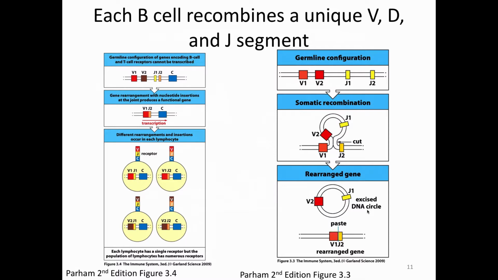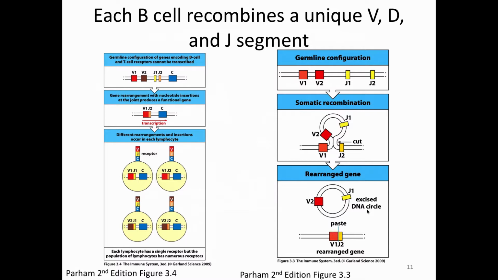And in fact, the idea was, spoiler alert, shown to be true, that the cell is going to choose, I say choose with air quotes because the cell doesn't have a brain to make a choice, but the cell is going to basically pick one V, one J, join them together so that they are touching. You can see that there's nothing in between them now, they're touching, and actually cut out the DNA in the middle and throw it away.